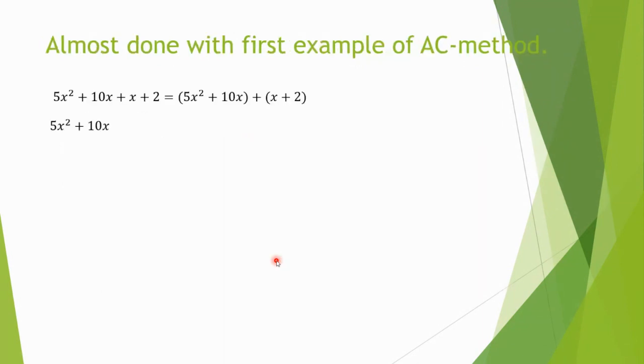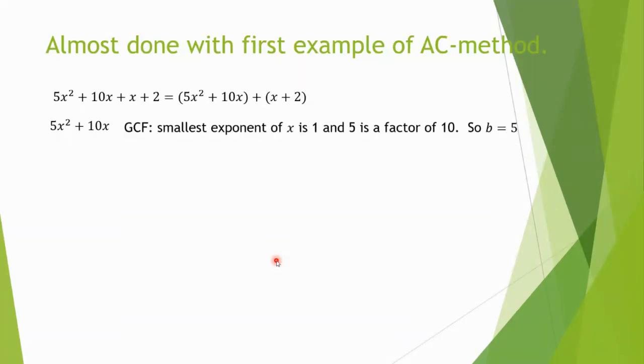So for the first group, it's 5x squared plus 10x. We can see that the smallest exponent of x is just 1. So we take m to be 1. And it's just like what we saw earlier with 9 and 36, 4 and 16.